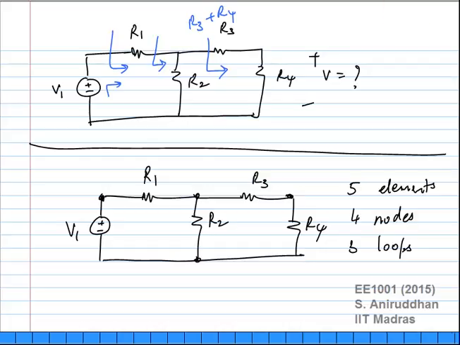So as it turns out, we'll take a very general example to try to understand how this works, right? We can try to represent the circuit in terms of what is called a graph. Any electrical circuit can be represented by what is called a graph. What is a graph?